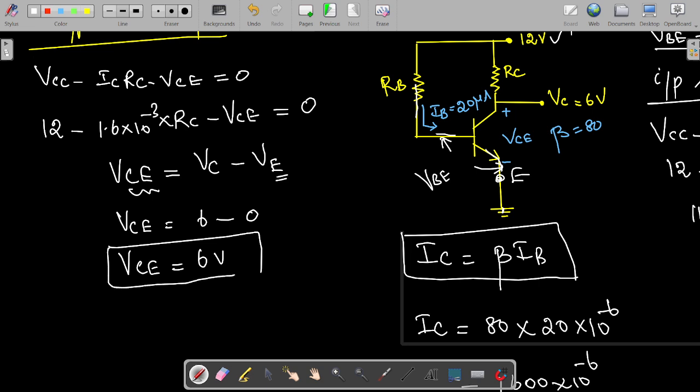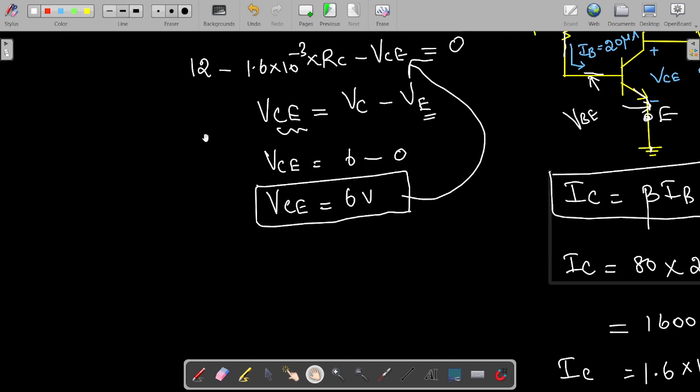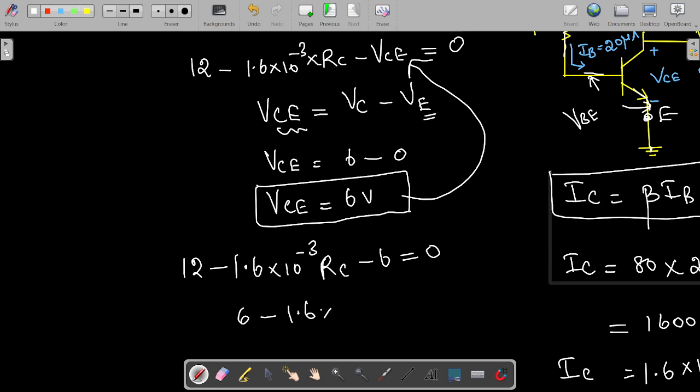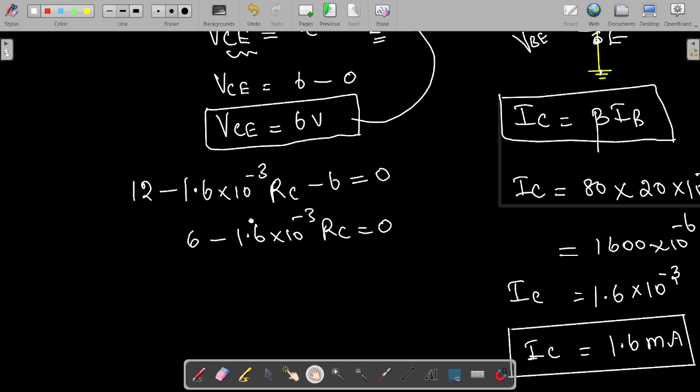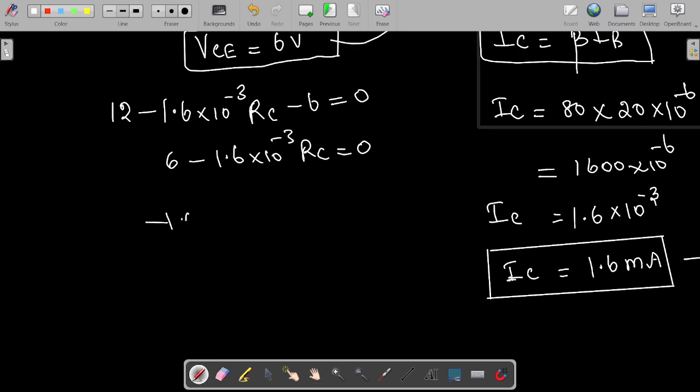So once you know this value, you can substitute it for VCE in that equation. So you will be getting 12 minus 1.6 into 10 power minus 3 RC minus 6, that is equal to 0. So it becomes 12 minus 6 is 6, 6 minus 1.6 into 10 power minus 3 RC is equal to 0. So I can write minus 1.6 into 10 power minus 3 RC, that is equal to, when you bring it to the right hand side, minus 6.